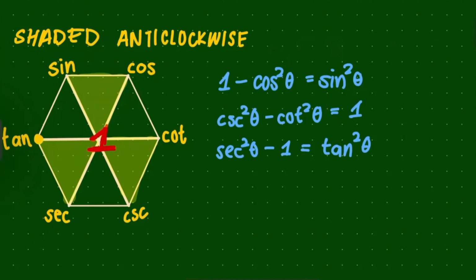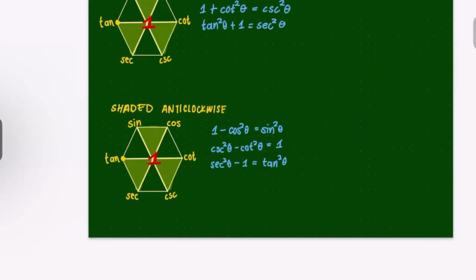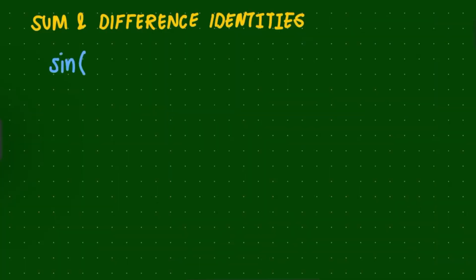I'll now be teaching you some add-on identities, which is the sum and difference identity. Sine.